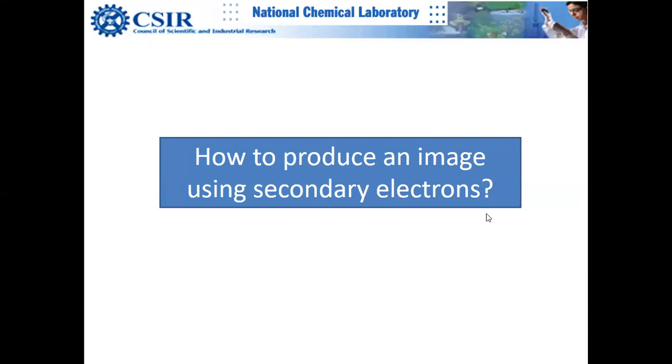We also learned general things about how SEM is built, the lenses, detectors, two kinds of detectors, their advantages, and the detection mechanism, and electron sources, different kinds of field emission sources and thermal sources. So today we are moving further to learn how the images are produced by those electrons.